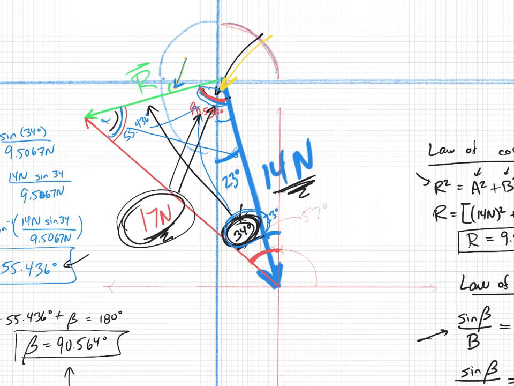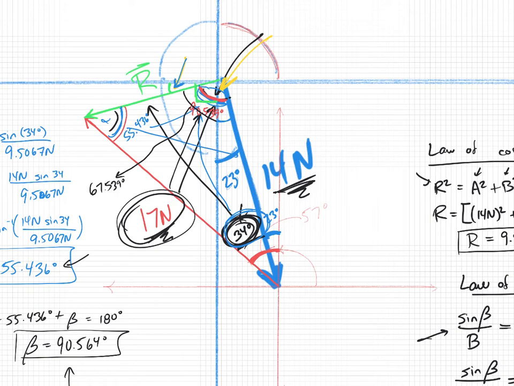So 90.539, subtract off that 23, and that gives me this number, 67.539 degrees. So that means from here to here is 67.539 degrees.